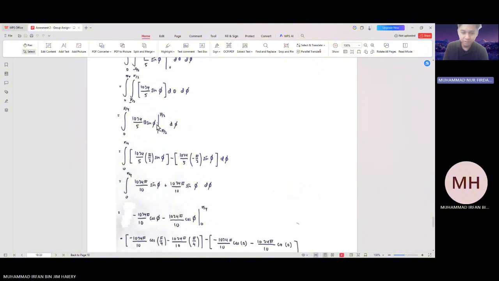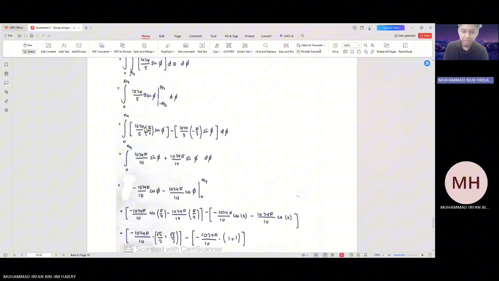Next, we form the triple integral in spherical coordinates by substituting the variables including dV, and we integrate with respect to rho followed by theta and phi.